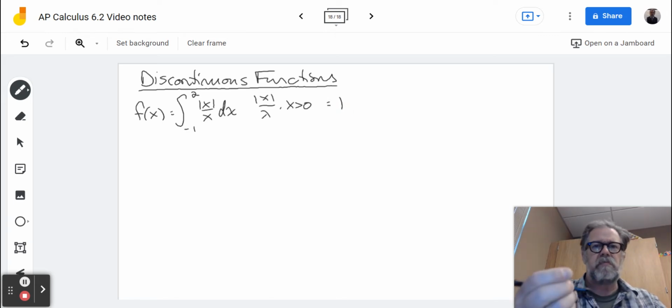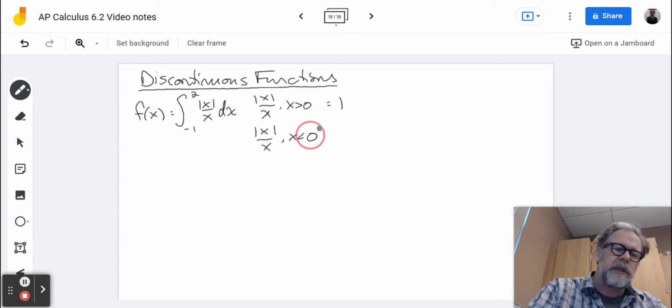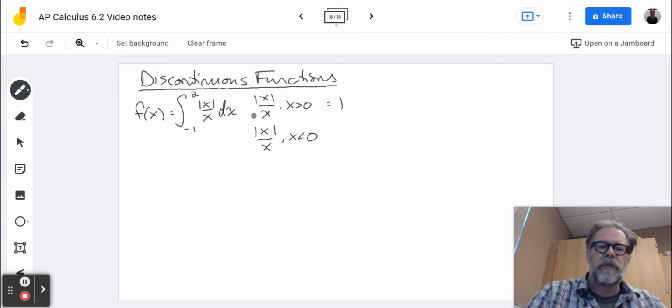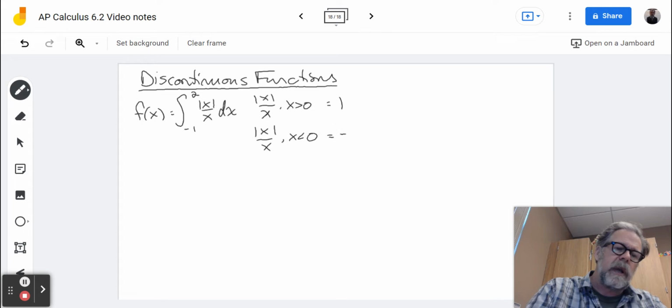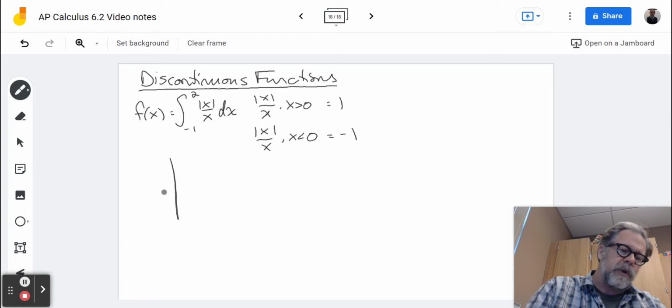Absolute value of a positive divided by the same positive. If I have absolute value of x over x for x less than 0, well, the numerator becomes positive, but the denominator stays negative, and so this becomes -1.